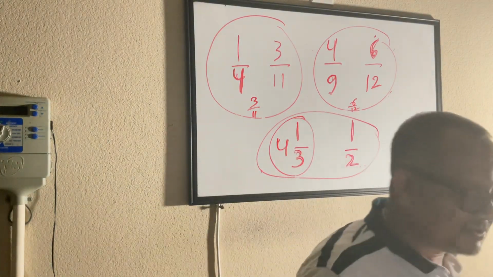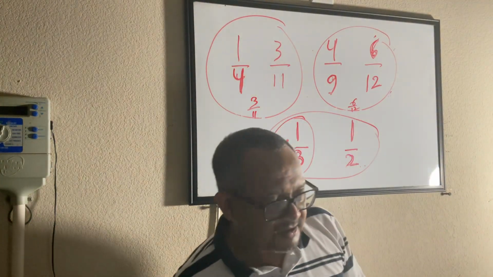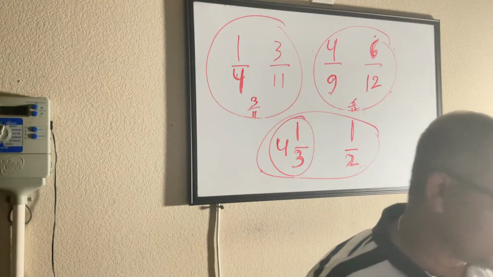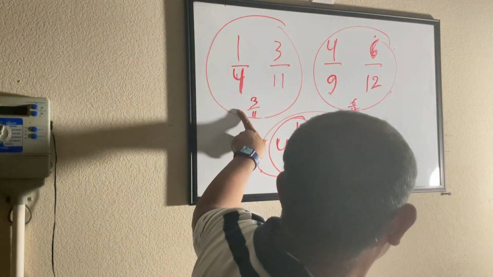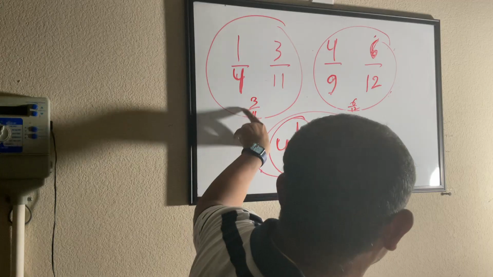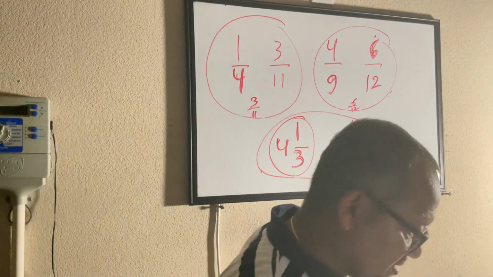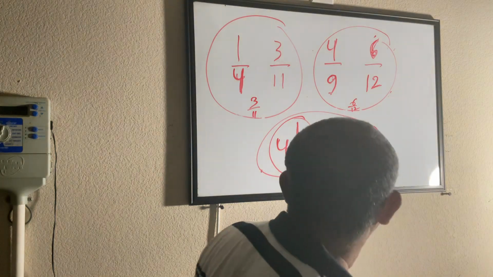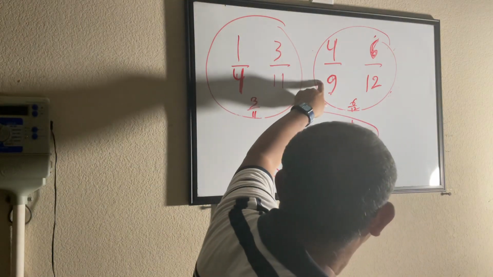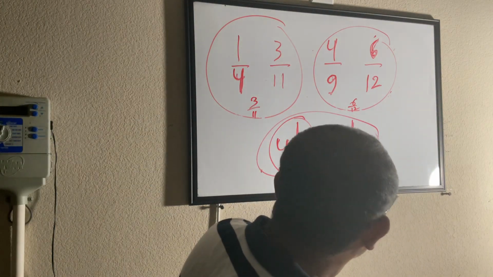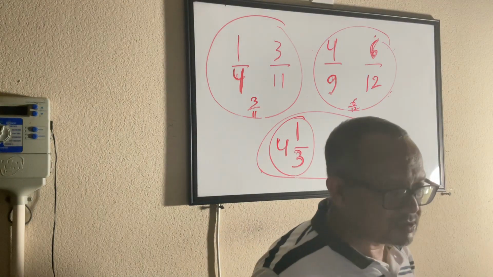Okay. My answer is the first one is 3 over 11. Second one is 6 over 12.